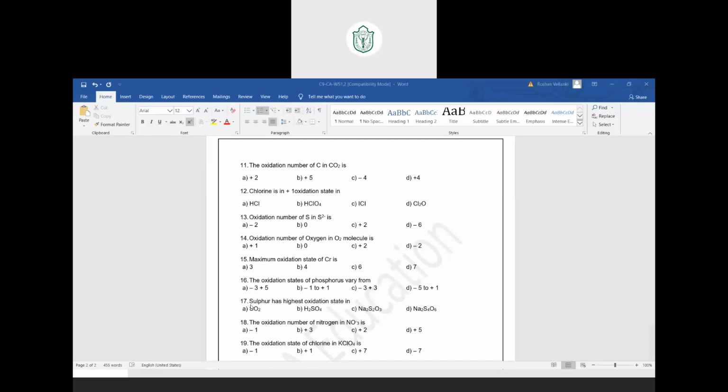Again, 17th one, do this one also. And that means solve each and every compound in your class notes. Sulfur has the highest oxidation number in which of the following compounds?